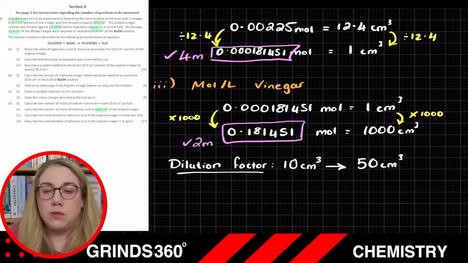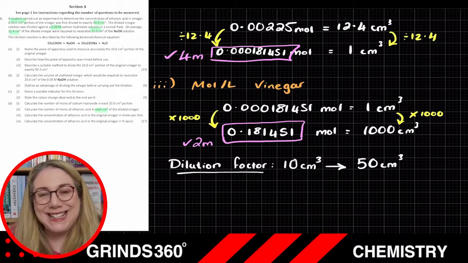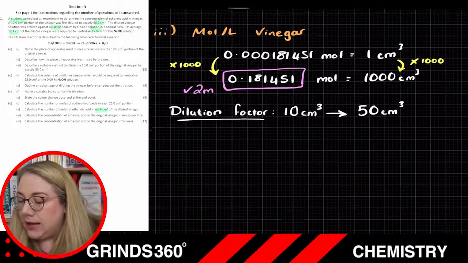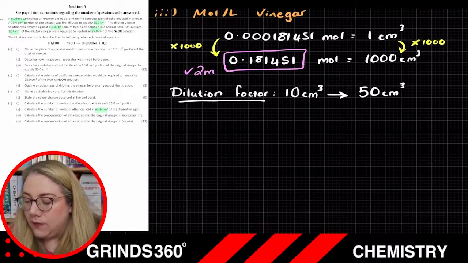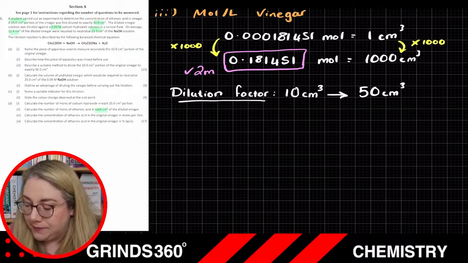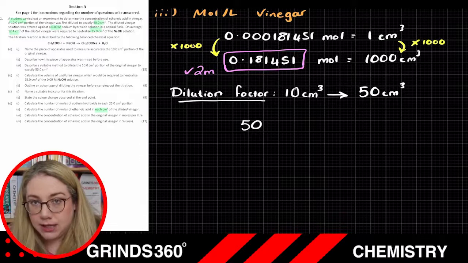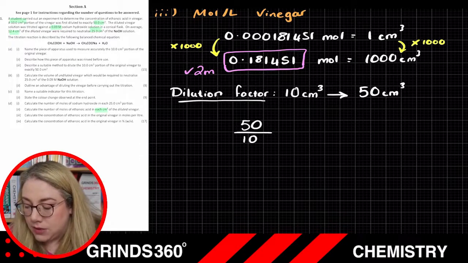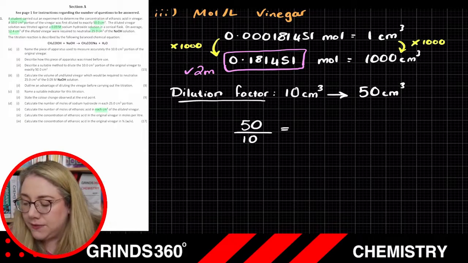So the concentration of what you used in the experiment is less than what the original was because there's 40 centimetres cubed of water mixed with it. Now for this, in order for you to work your way back, you need to know what the dilution factor is. And to work it out, you put the final volume when you were diluting it, which is 50, over the volume of the original, which was 10. So 50 divided by 10 is 5.